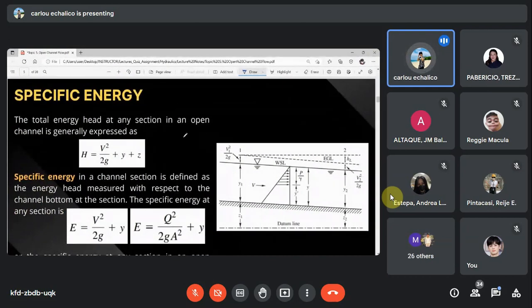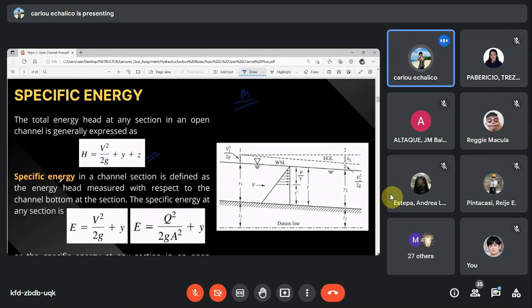As I said earlier, total energy in an open channel is measured in terms of head, in meters. For an open channel, it includes Z, the depth of your fluid, and also the velocity. So this will be your total energy in our channel.